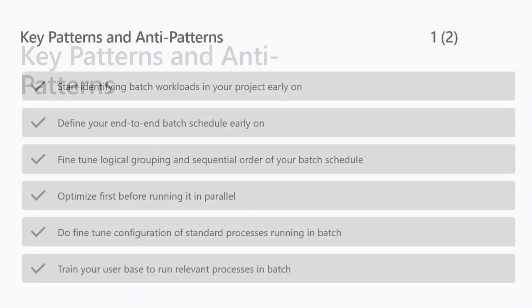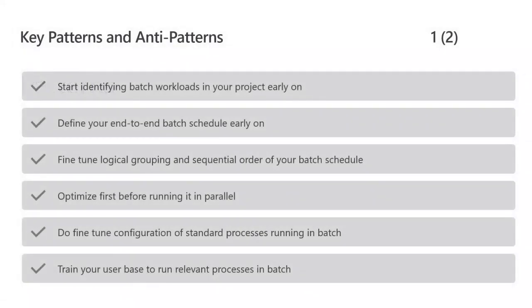Next, I will walk you through some high-level key patterns and anti-patterns. So you want to start identifying batch workloads in your project early on. Even in early phases of your projects, you typically have a first idea about high volume processes of your solution that can or should or must run asynchronously.